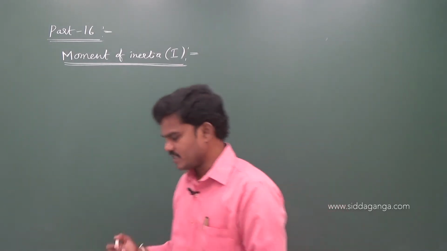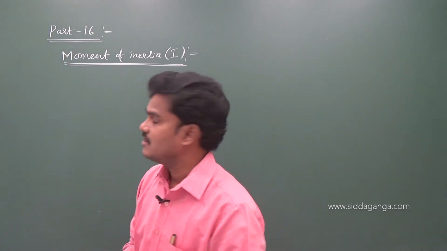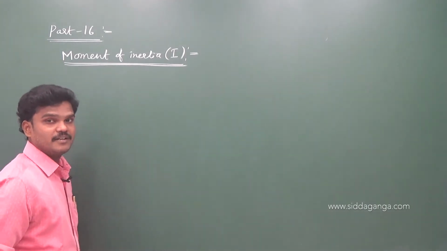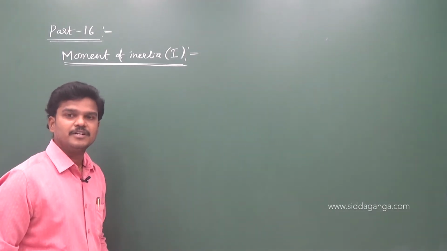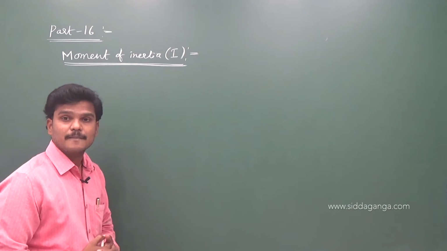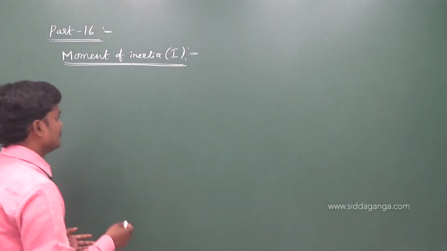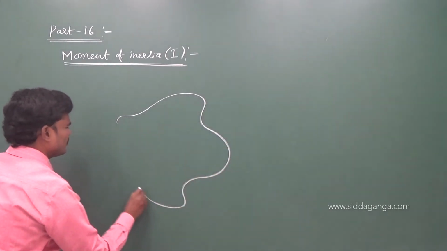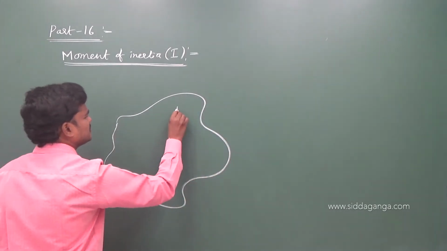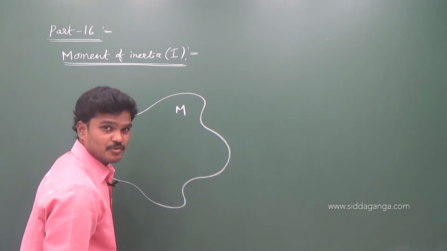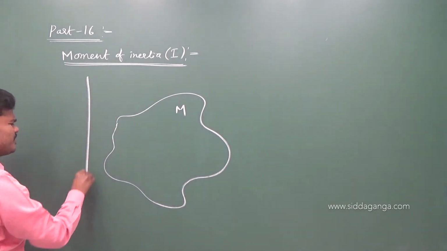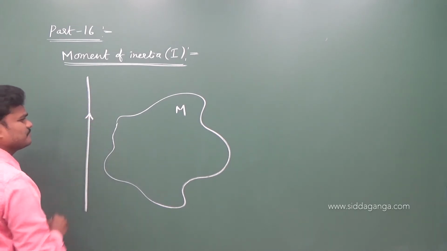Let us see how to get the equation of moment of inertia. To get the moment of inertia, let me consider a plane lamina, nothing but a rigid body. Let us suppose this is the rigid body whose mass is m, and this is rotating about a fixed axis like this.